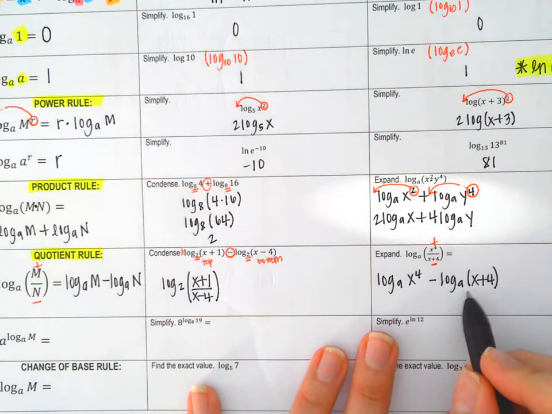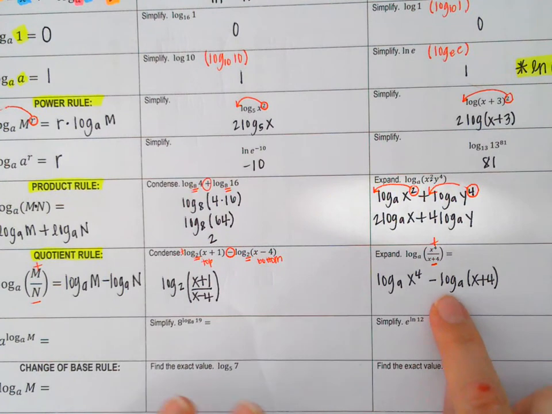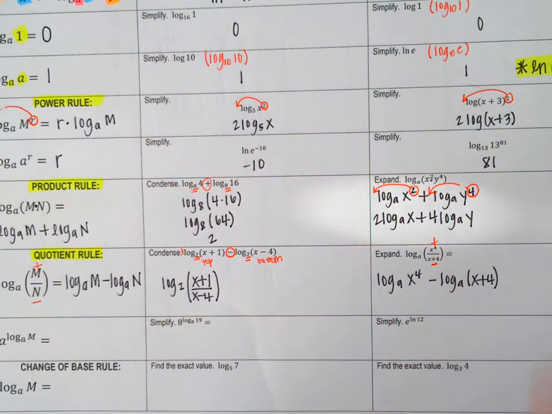Whenever my argument is bigger than just one number, I always write parentheses around it. It just helps to distinguish, this is the whole argument, instead of maybe it's log base a of x, and then the plus 4 is on the outside. So when there's more than one term, I always put that in parentheses. Now, is there anything else that I can do here to help simplify this?